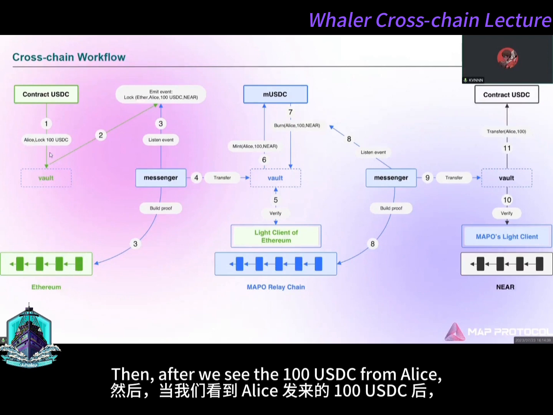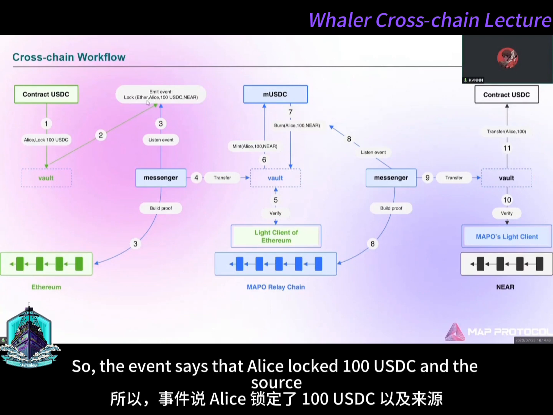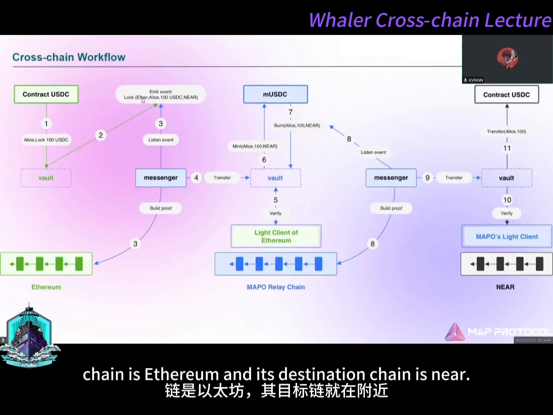Then after receiving the 100 USDC from Alice, the vault is going to emit an event. The event says that Alice locked 100 USDC, the source chain is Ethereum, and the destination chain is Near.